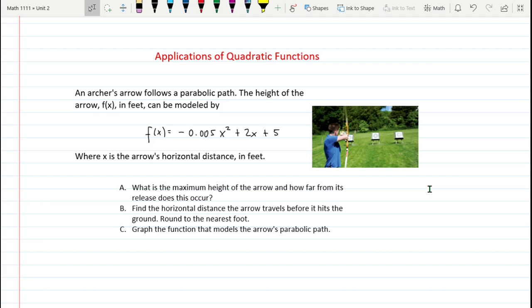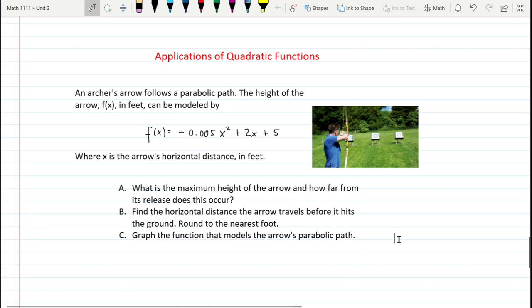And here are the questions being asked. A, what is the maximum height of the arrow, and how far from its release does this occur? So they're asking how high the arrow gets, and how far away it is from the point of its release.